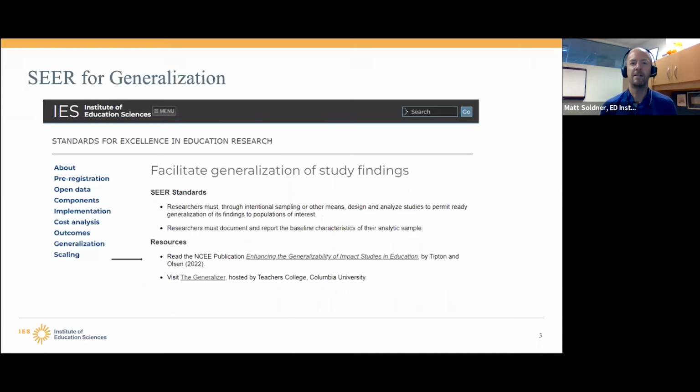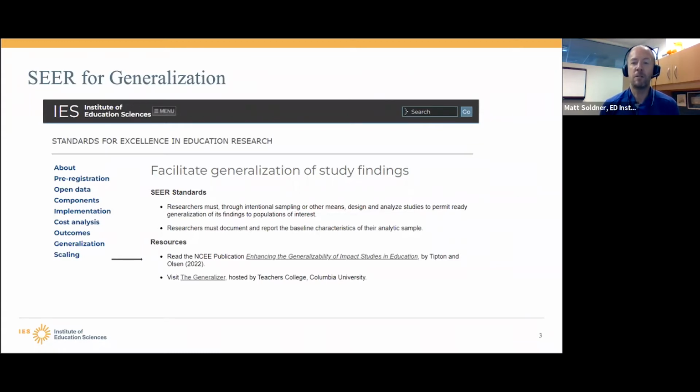You see the beginnings of SEER standards related to facilitating the generalization of impact study findings, along with a series of resources. And you will see in that little tiny arrow on the mid-left of your screen, we're here today to talk about our latest SEER standards resource, this NCE publication, Enhancing the Generalizability of Impact Studies, by our two presenters today.